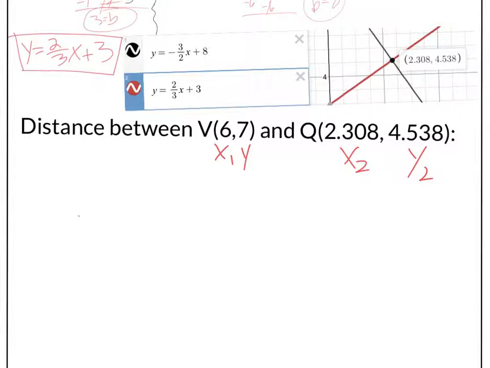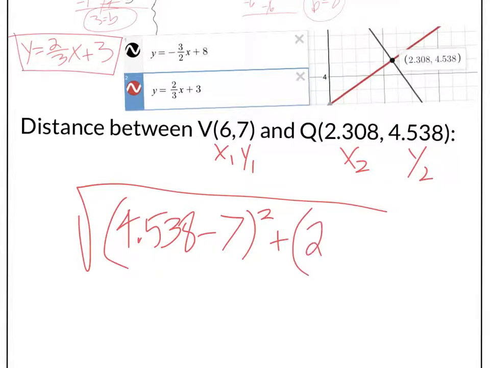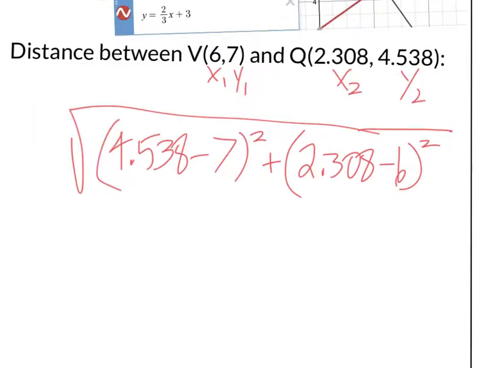And so you use the distance formula, so you're going to take the square root of y2, 4.538 minus y1 of 7 squared plus x2 is 2.308 minus 6, and that's squared. So all that's under the radical.